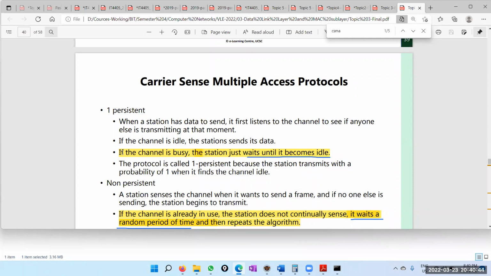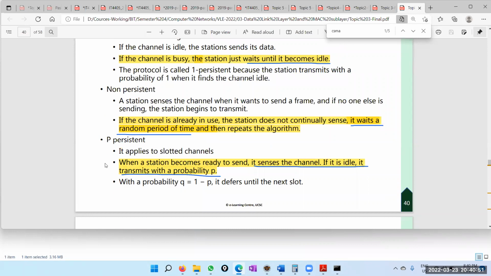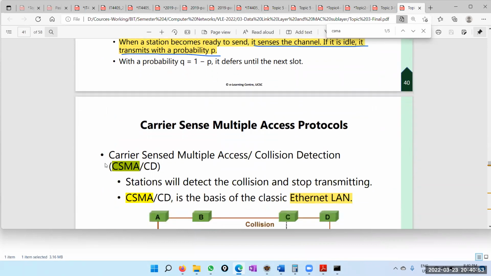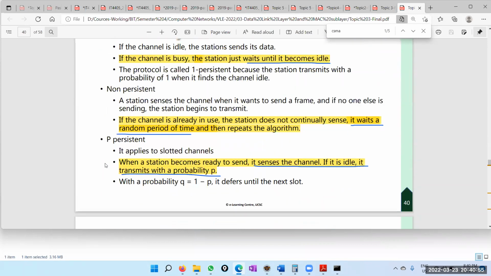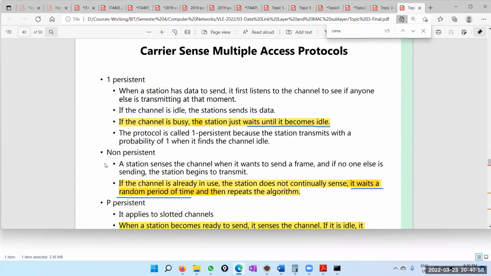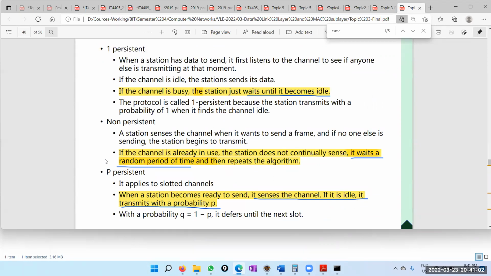So now you detected that your data is collided. Once you detect it, there are three possible strategies. Okay, what are those three possible strategies? One-persistent, non-persistent, and p-persistent.